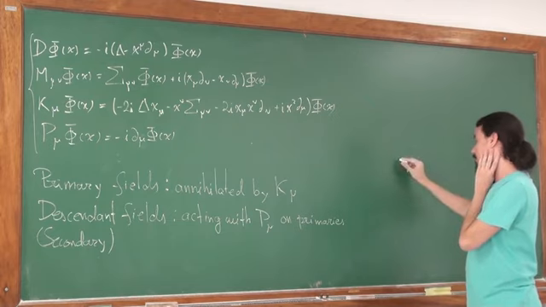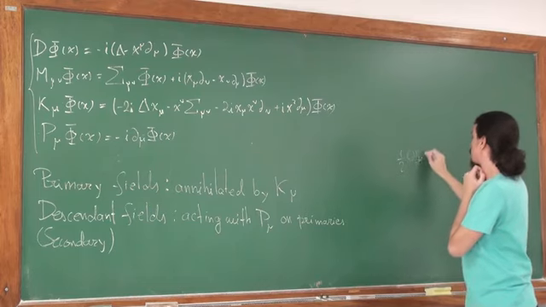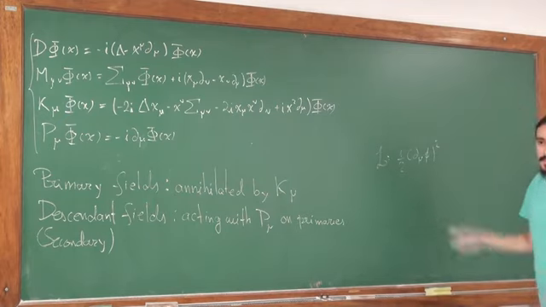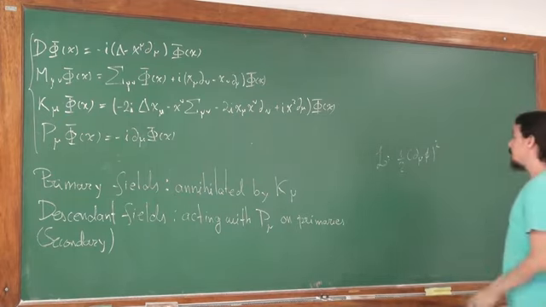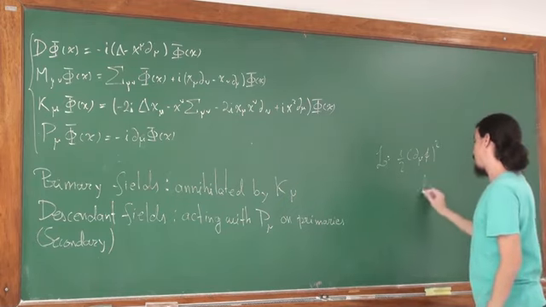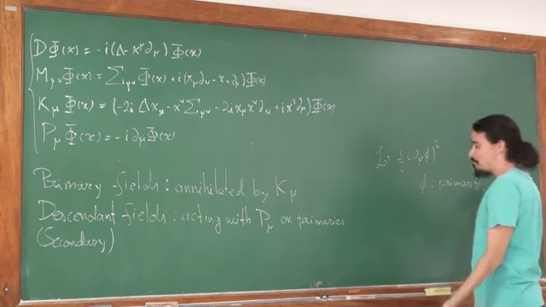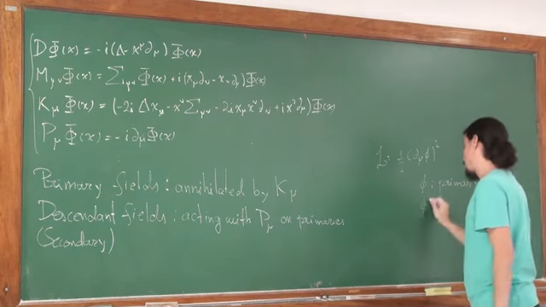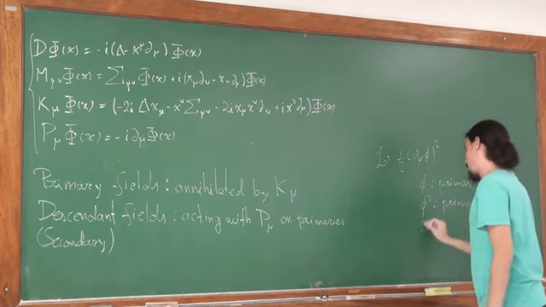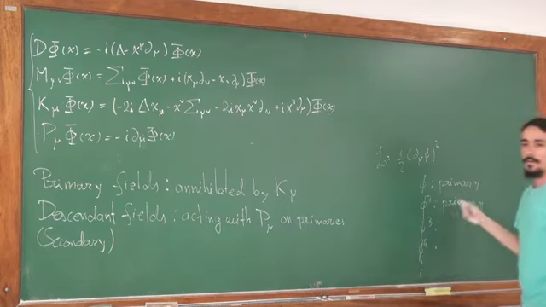If you take, say, a free scalar, no mass because you want conformal symmetry, then usually you have that phi is a primary. Okay, you have that phi squared is a primary. And same thing for phi 3, phi 4, and so on. Okay, they are going to be primaries.